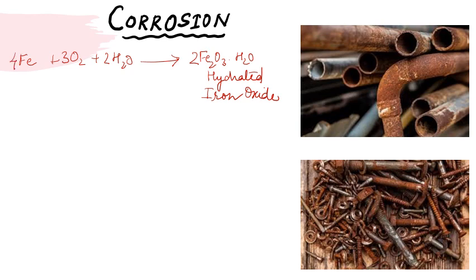Now the rust contains water molecules, therefore it is called hydrated iron oxide. And oxygen and water, both of them are needed for the rust to be formed.